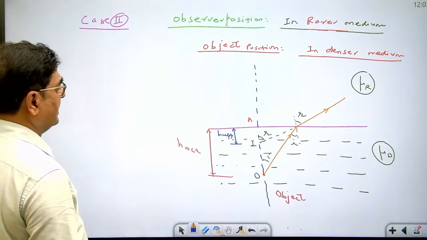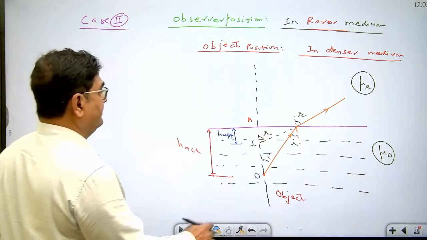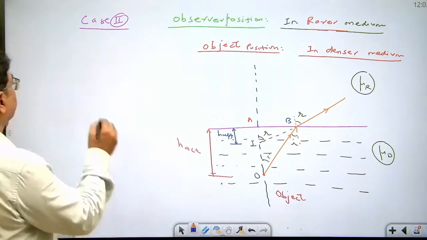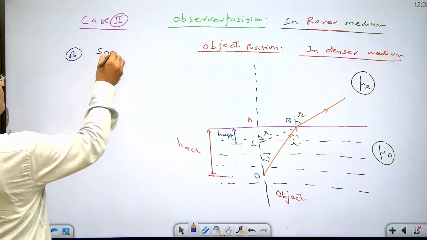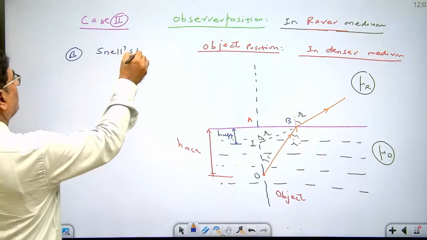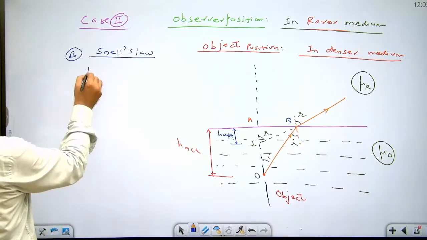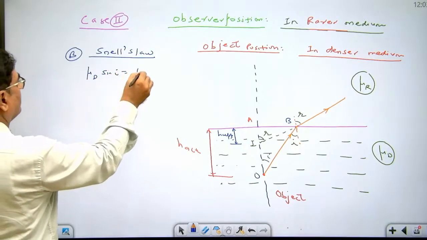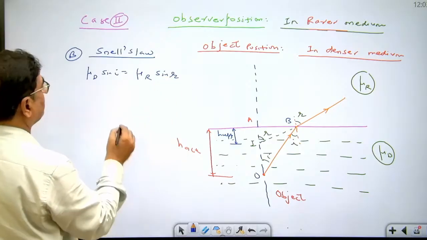Now, dear student, let's apply Snell's law at B. Mu d into sin i equals mu r into sin r.